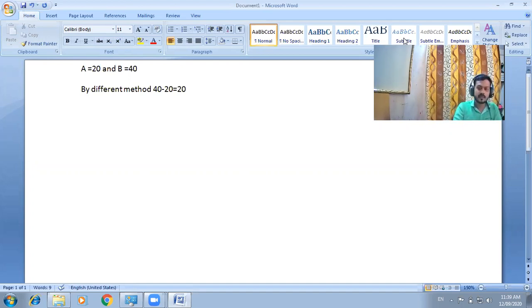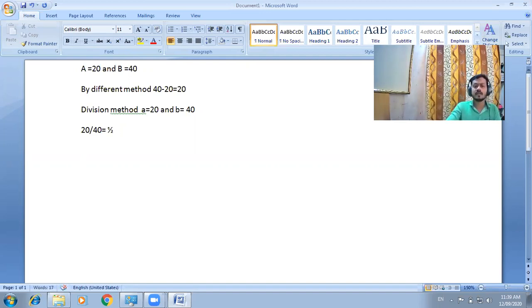Then let's move to our second method, that is the division method. In the division method, suppose the score of person A is 20, and the score of B is 40. By the division method, divide 20 by 40, which is equal to 1 by 2.